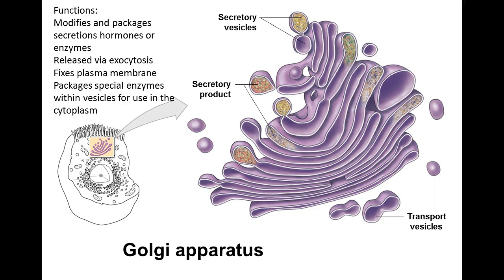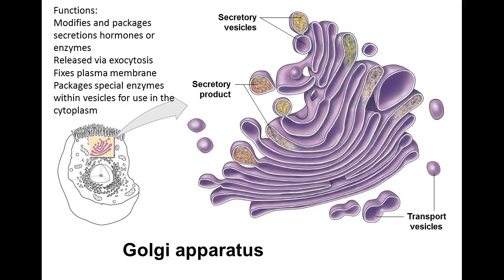One of its functions is to fix the plasma membrane, and don't get me wrong, it doesn't just package the proteins, which hormones and enzymes are, but also finishes off the protein and puts the final touches on it.